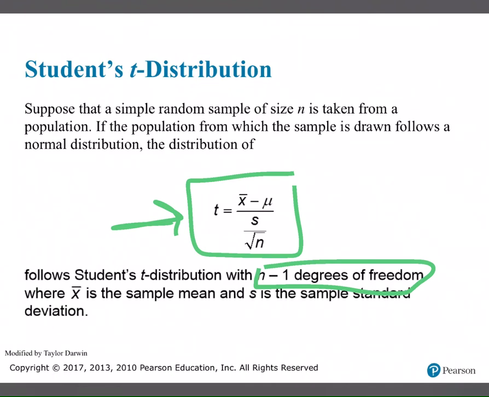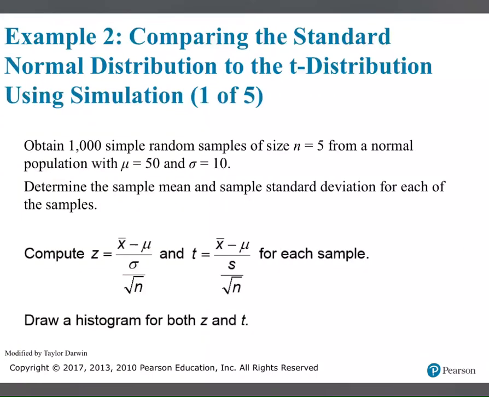So this is what we're going to use now if we're not given sigma, and we only use T when we're talking about mean. You can now use T when you're talking about mean, but still Z for proportion. So I know that's kind of weird, so let it sink in for a little bit before you move on. And I'll show you some examples as well.